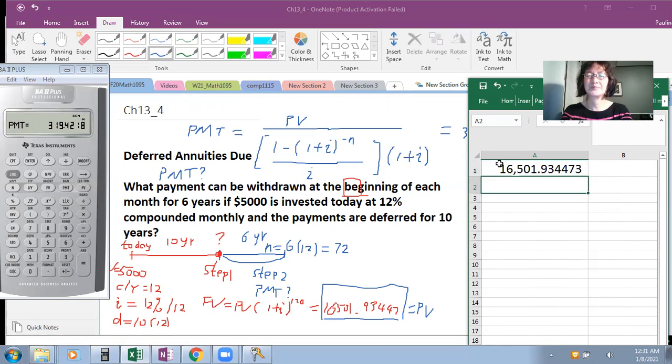Okay. So this is this amount, the same number as we get here, see?